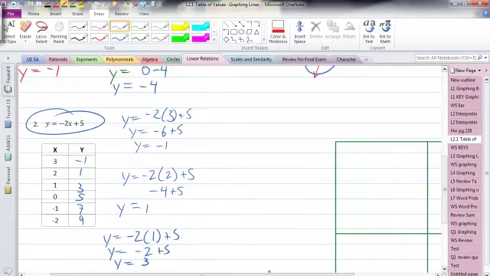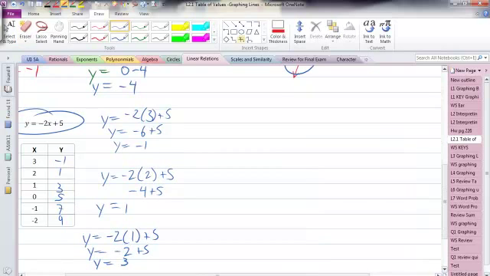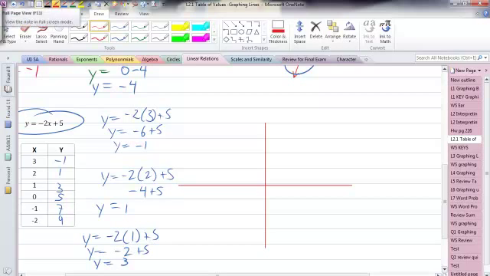Okay, and you could do this on the same grid if you wanted to. What's the rate of change, guys? What are we going up by? Okay, yeah, so going up here by 2s each time.